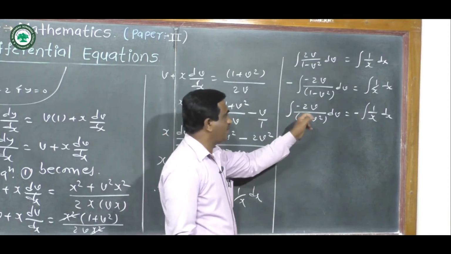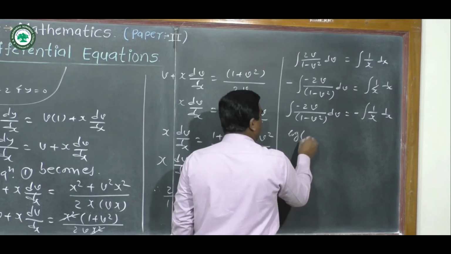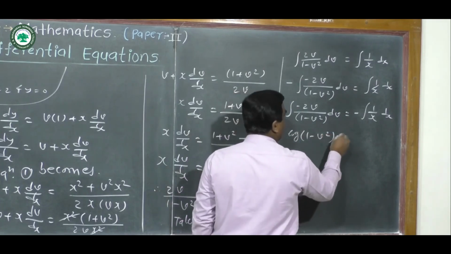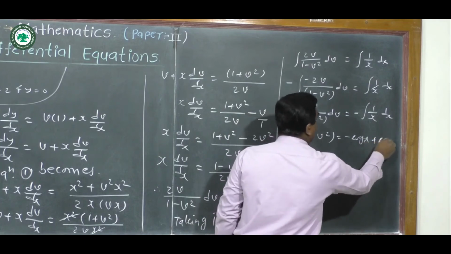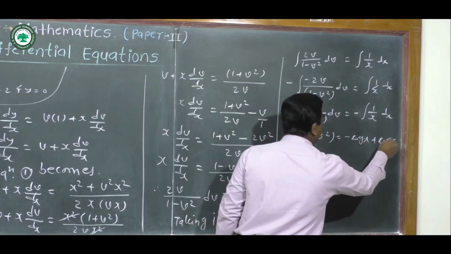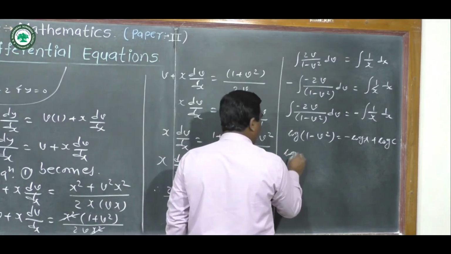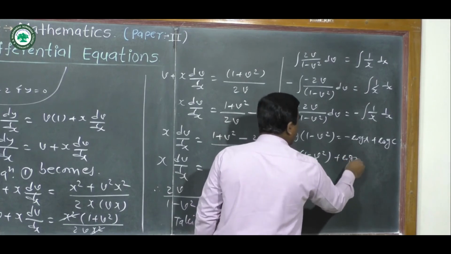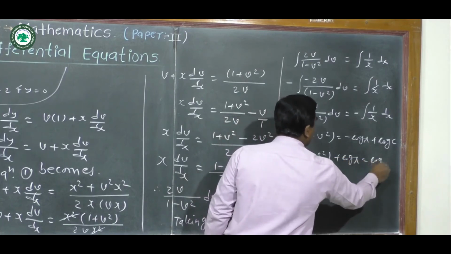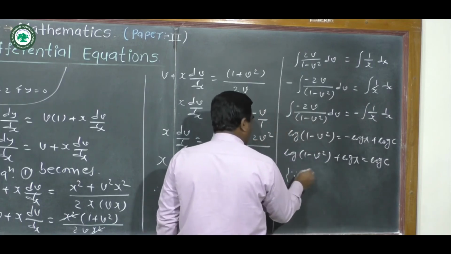We can write integration of these two integrals. Log of 1 minus v square equal to minus log x plus log c, constant of integration log c. That is, we can write here log of 1 minus v square plus log x is equal to log c. Now use formula here, logarithm.